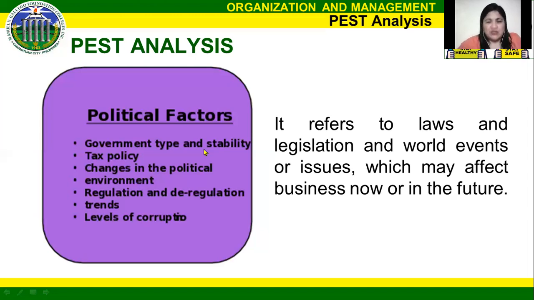And before the implementation of the TRAIN law, T-R-A-I-N, TRAIN. Okay? Before the implementation of the TRAIN law, ang presyo lang ng kasalo na Coke ay 18. So after the implementation of the TRAIN law, 18 pesos kasalo bottle becomes 25 pesos.